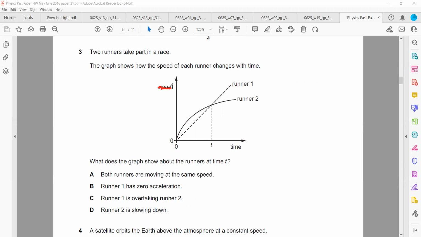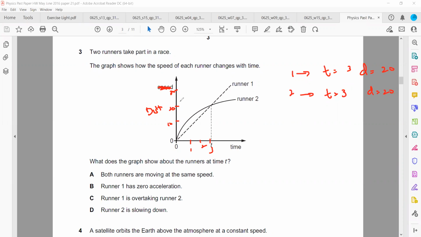So if it was a distance time graph, and numbers will be there, say 10, 20, 30, and say this is 1, 2, and 3. So when time is equal to 3, what is the distance traveled by runner 1? The distance traveled by runner 1 is 20. When time is equal to 3 for runner 2, what is the distance traveled by runner 2? It's also 20.